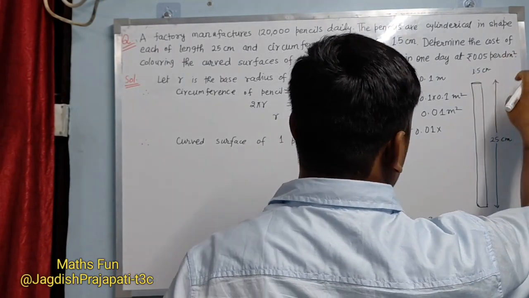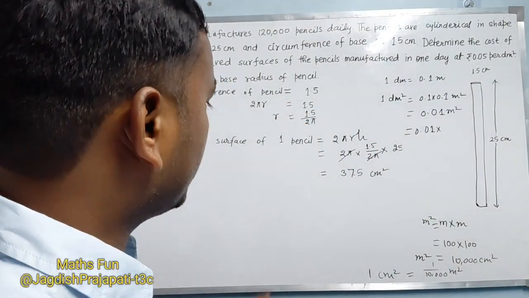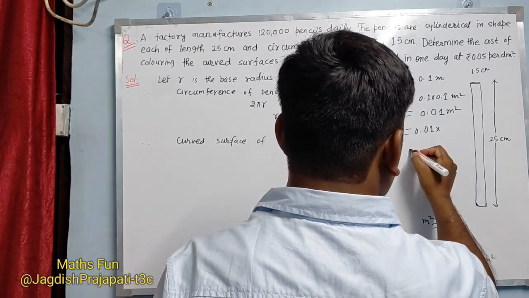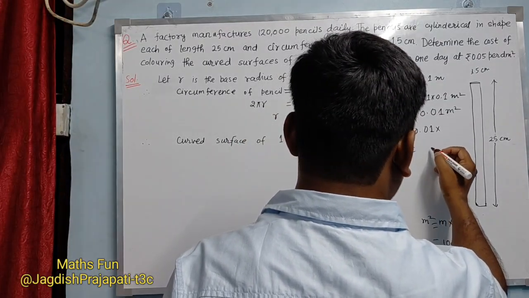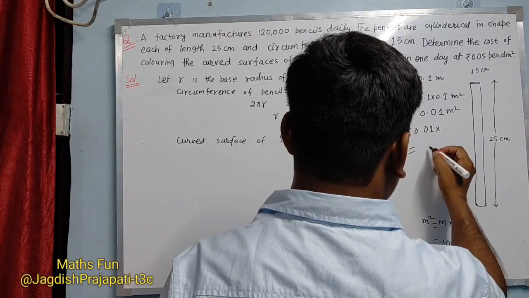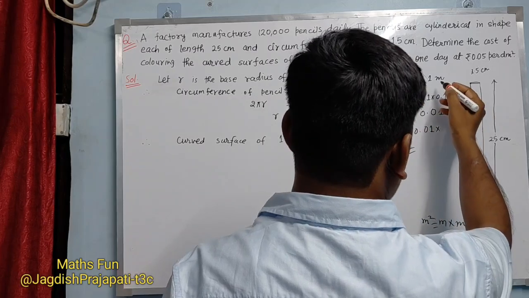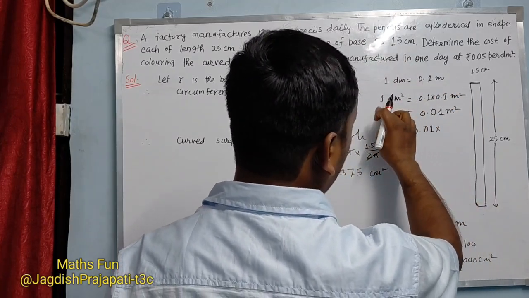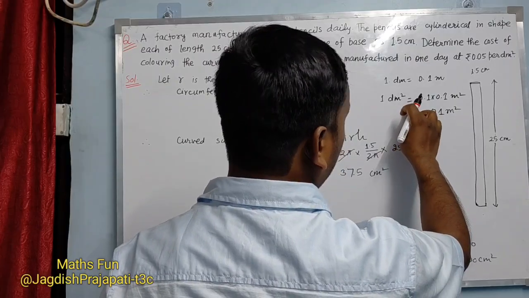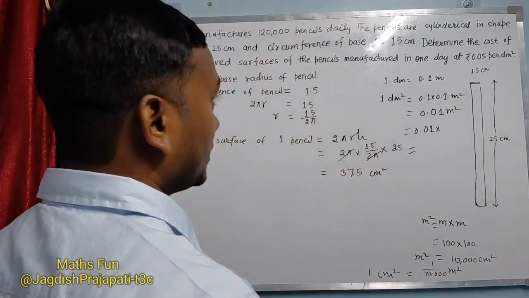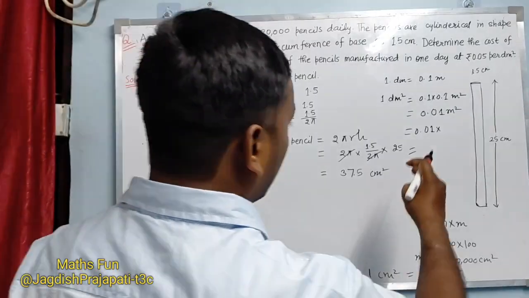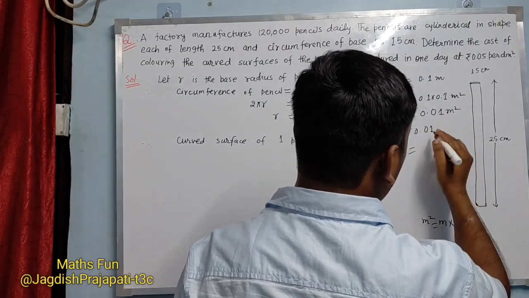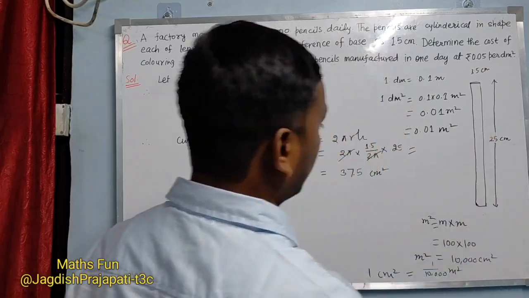Since the cost is in square decimeter, let us convert it. 1 decimeter is equal to 0.1 meter, so 1 square decimeter is 0.01 square meter.